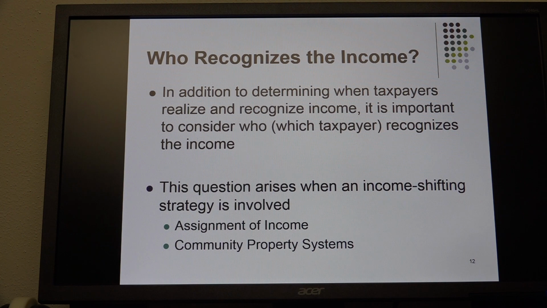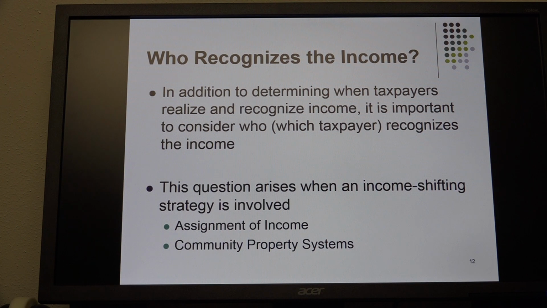And again, that's true with property for services. This is kind of an offshoot of the assignment of income doctrine. The fruit of the tree doctrine simply says that the tree that bears the fruit is taxed on that fruit.